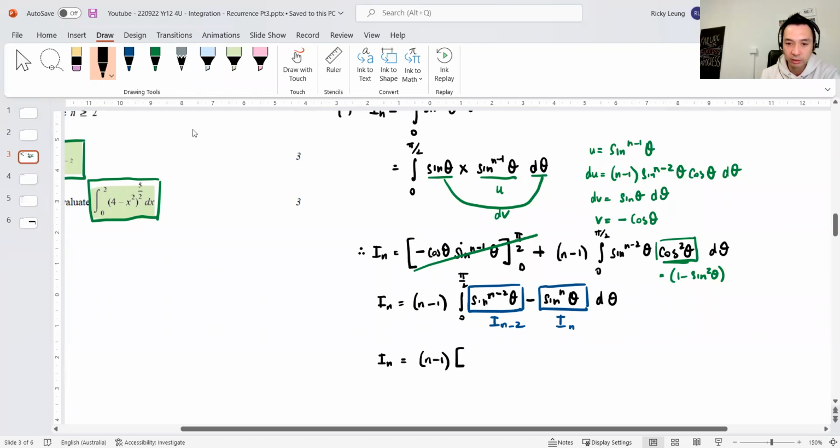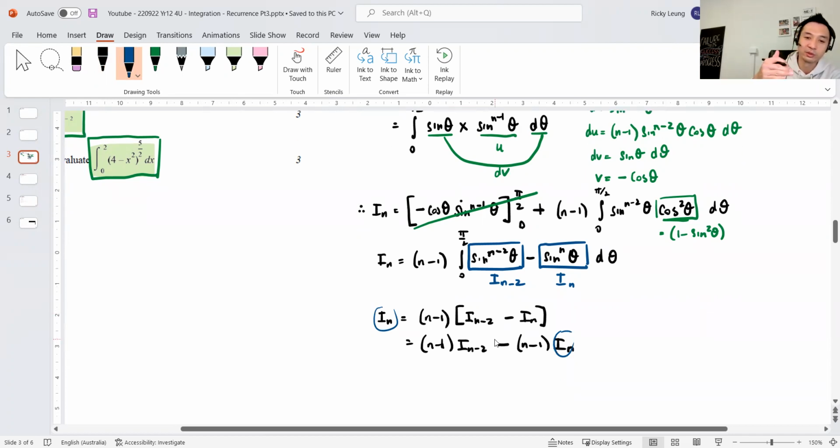So then it'd be I_(n-2) minus I_n. Guys, expand that and you get n minus 1 times I_(n-2) minus (n minus 1) I_n. At this point, we basically bring them over the fence and group them. So that becomes what? n minus 1 plus 1 is n.